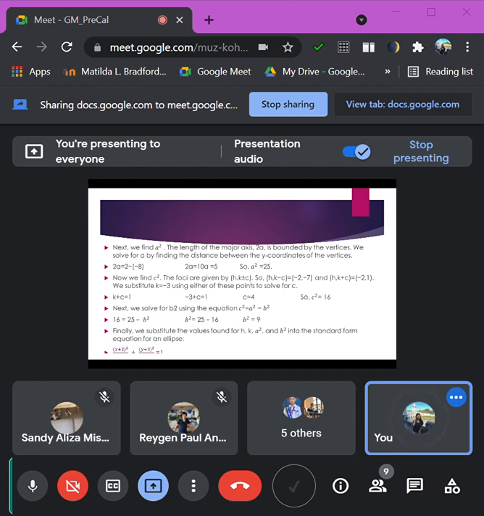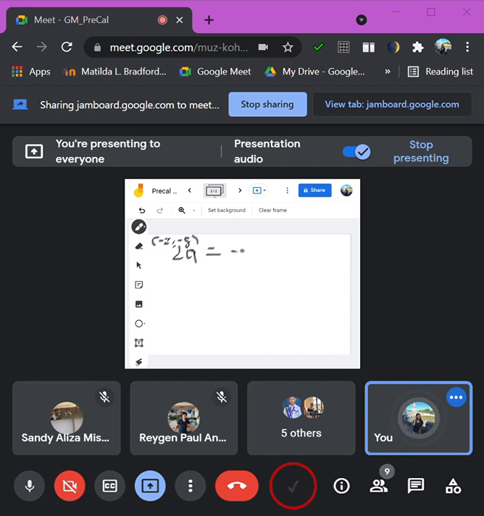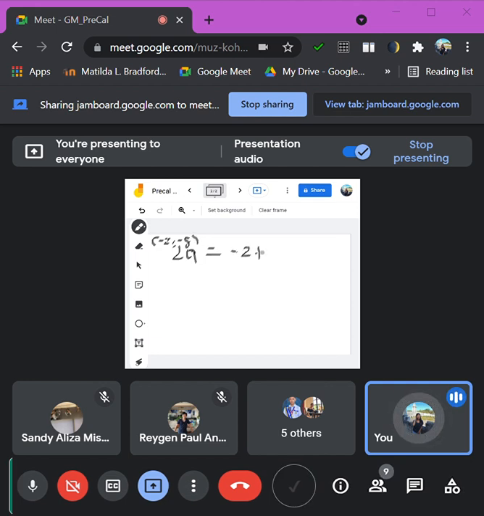It's done already. We show it again, so you won't get confused. So, you have there 2A is equals to, right, 2A is your major axis. And then use that vertex negative 2 and then negative 8. So we just add it, class. Negative 2 plus negative 8. So, that is equivalent to negative 10.